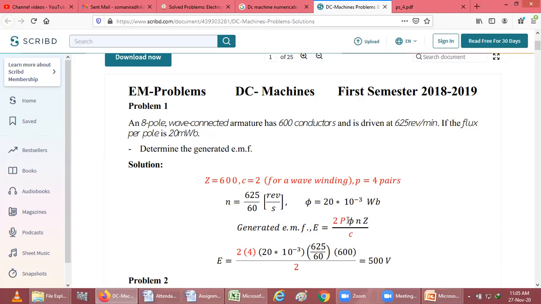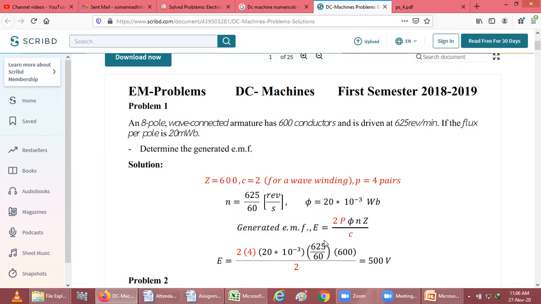So you can take E_G equal to... if you are taking the pair, they have given 8 pole. You can take that as P if you are taking poles directly, and if you are taking the number of poles without considering the winding, at that time you can take 4 pair, because we are supposed to take a wave winding where they have given Z equal to 600.